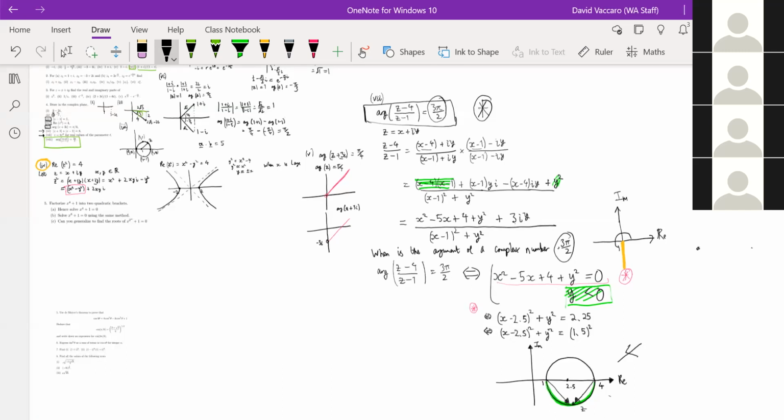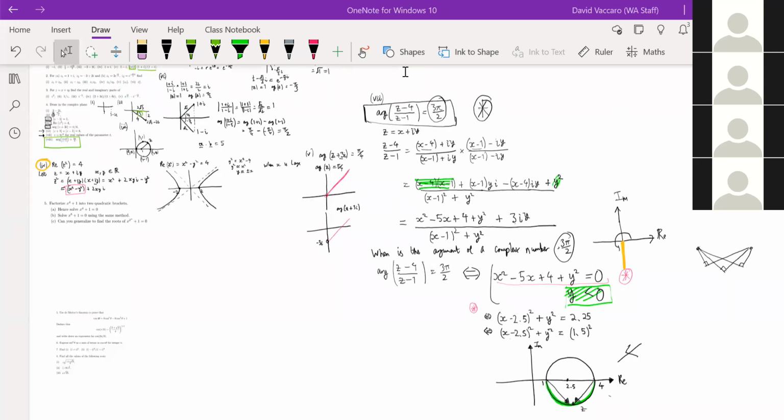But if I have 2 points, what is the locus of the set of points where the angle between the corresponding vectors is 90 degrees? Yeah, it's a circle theorem. Excellent. Okay, notice carefully which circle theorem it is.